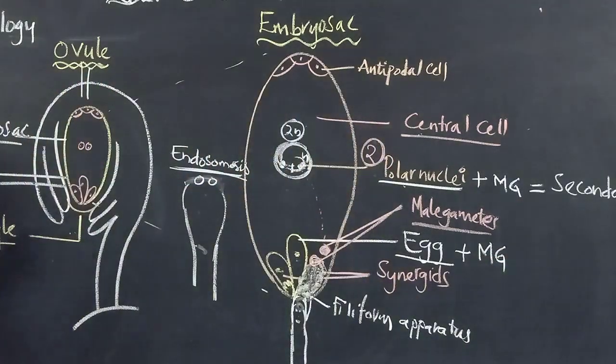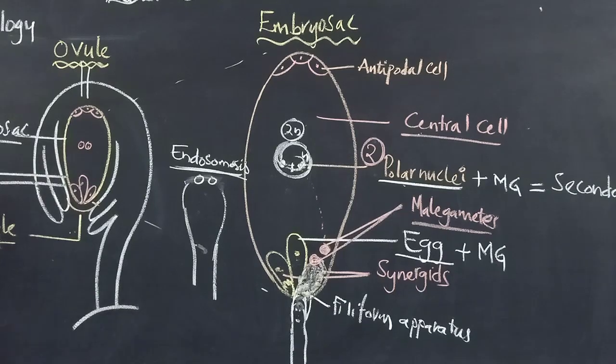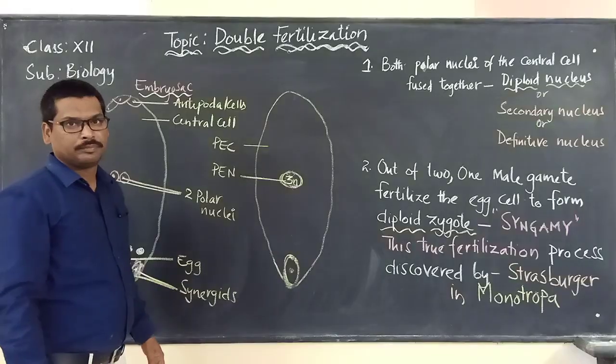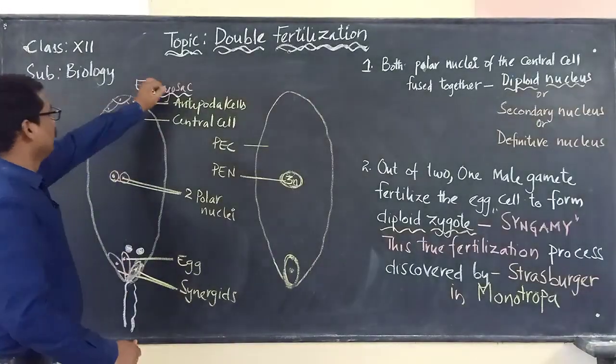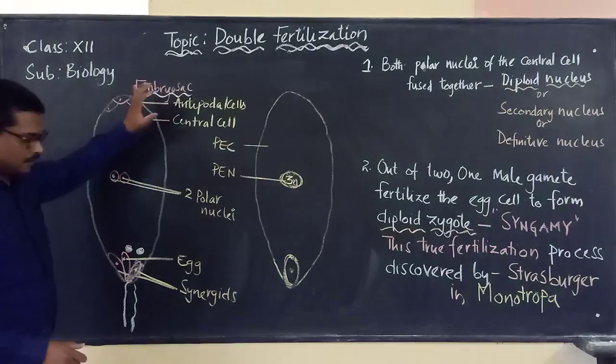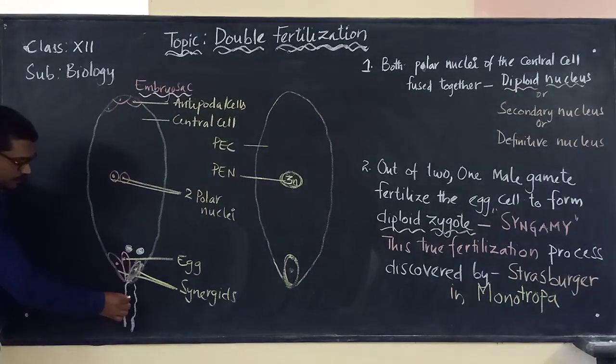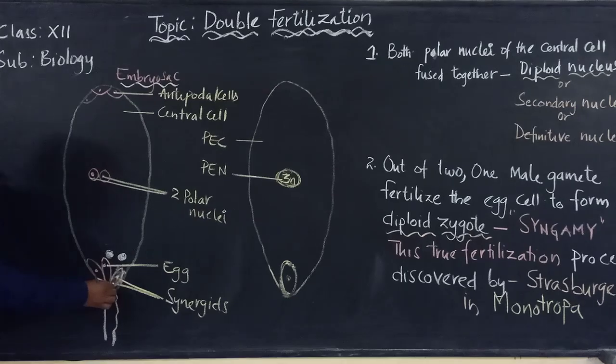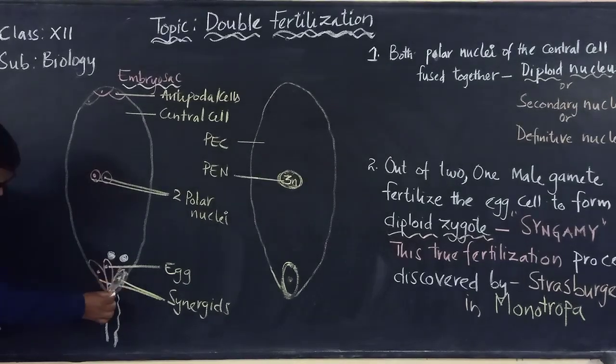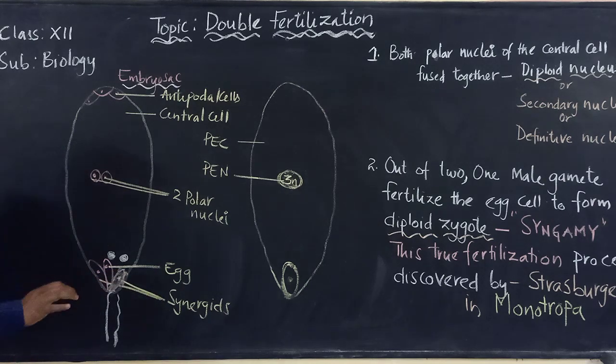So let us make it very clear to understand how this process is taking place. Here, if you are looking at the embryo sac, here is the pollen tube. The pollen tube entered inside the embryo sac. Once it enters, what happened to one of the synergids? It starts degenerating.